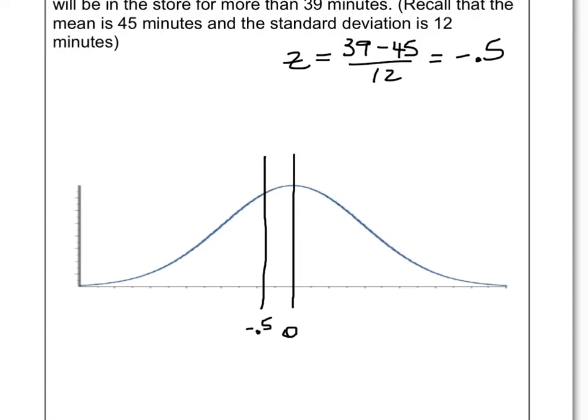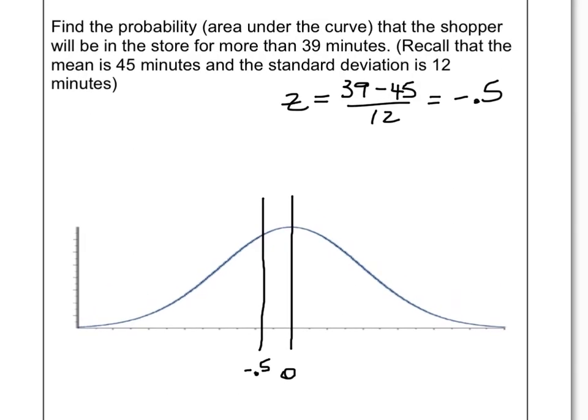And I want to know for when they're going to be in the store for more than 39 minutes. Remember, more than 39 minutes will be the area to the right of the curve. So in order to figure the area out to the right of the curve, I've got to take 1 minus my value.